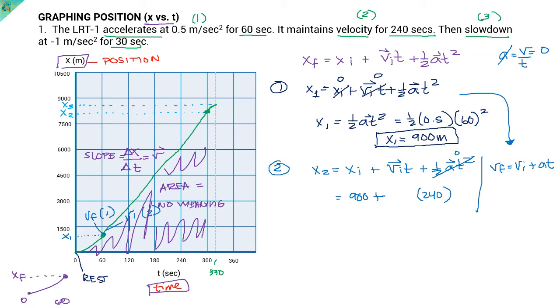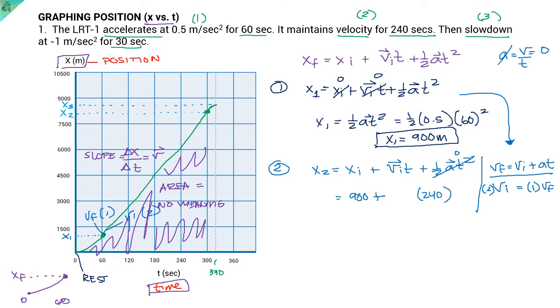And since we have defined that our initial velocity of situation 2 is also equal to the final velocity of our situation 1, which means that when we search for the final velocity of our x1, yun na rin yung ating vi for situation 2. So let's do that.